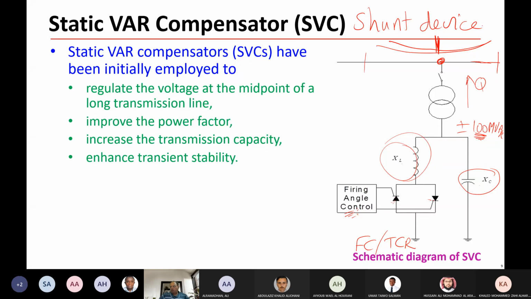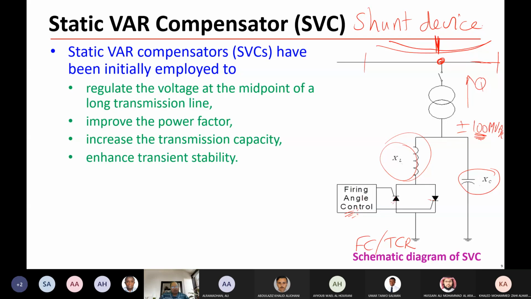But what we wanted to say in this part of the lecture is: if we have such devices in our system, can we utilize them also to enhance the system stability as a secondary objective?